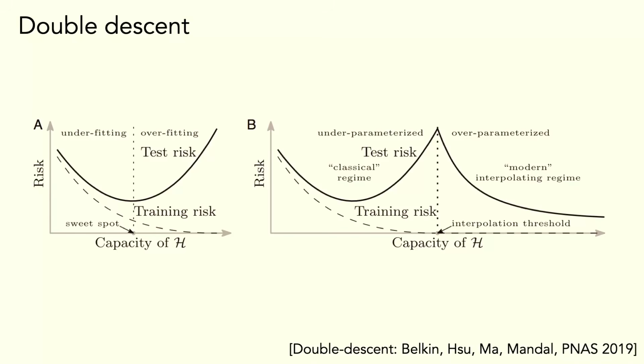Generally, I would say it depends on how much capacity you have available to you, because it's costly to move out on the x-axis. Capacity can be measured in parameters, but it could also be measured in FLOPs. So there's kind of double descent also in compute time, and it'll depend on the cost-benefit analysis there.